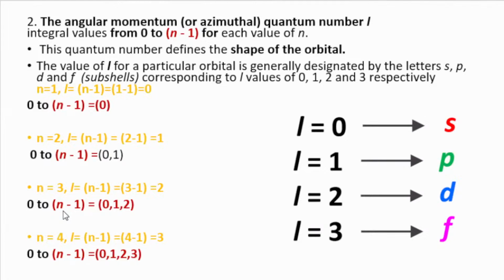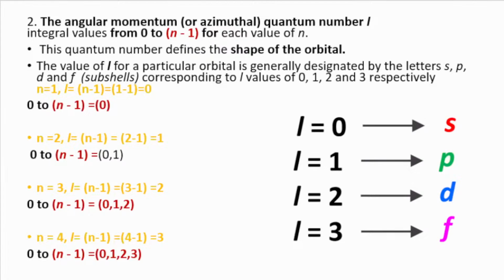Subshell D has 5 orbitals: dxy, dyz, dxz, dz squared, and dx squared minus y squared. The F subshell also contains 7 orbitals. Okay, that is how we can get orbitals.